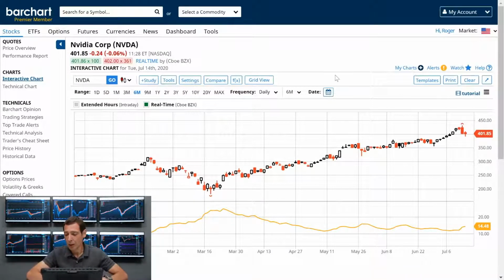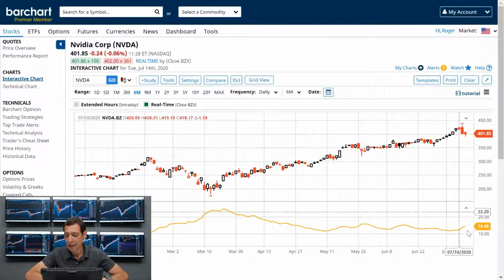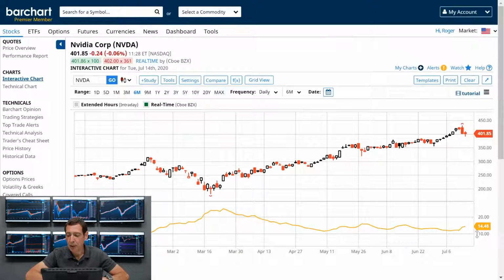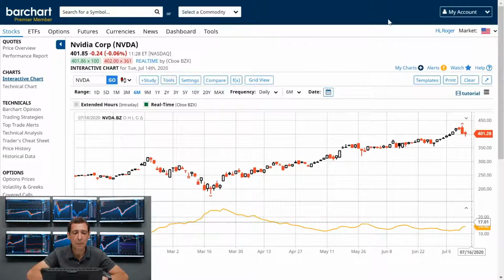NVIDIA has a volatility of about $15, so if we buy 100 shares of NVIDIA, we have an exposure of about $1,500. Again, just broad strokes. Don't look at the little pictures. Just say this is 15. So we would buy about 50 shares of NVIDIA, and that would give us $750 exposure.